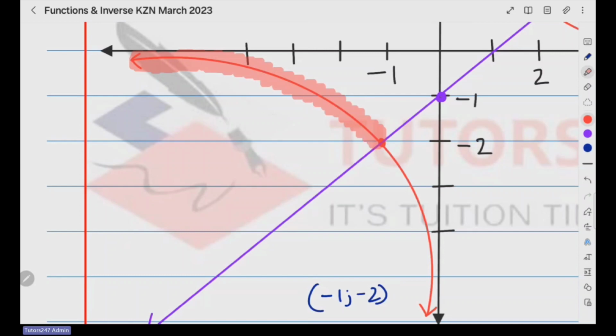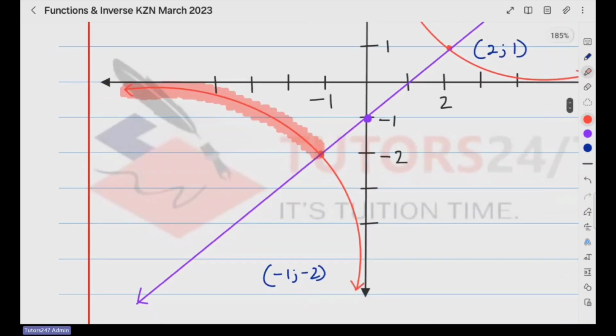So from x is equal to -1 all the way to -infinity, that is when the red function will be above the purple one. Because you can see that the purple function is becoming lower and lower. It's continuously going down as you move to the left of -1. You can see the gap keeps on increasing.